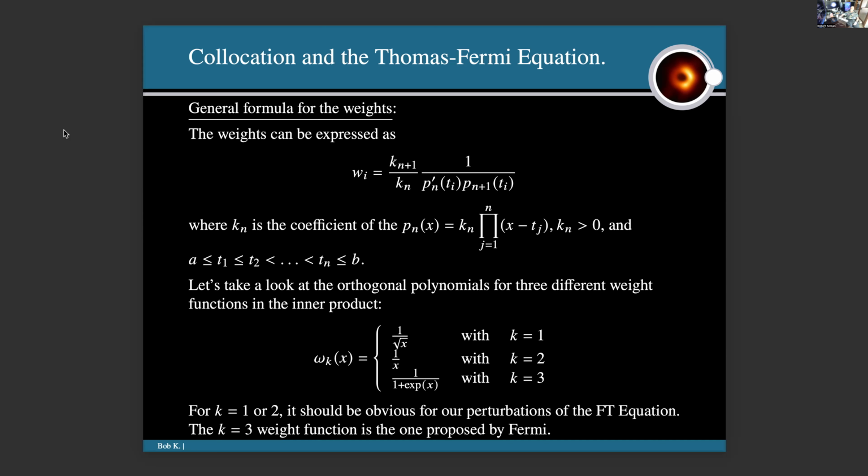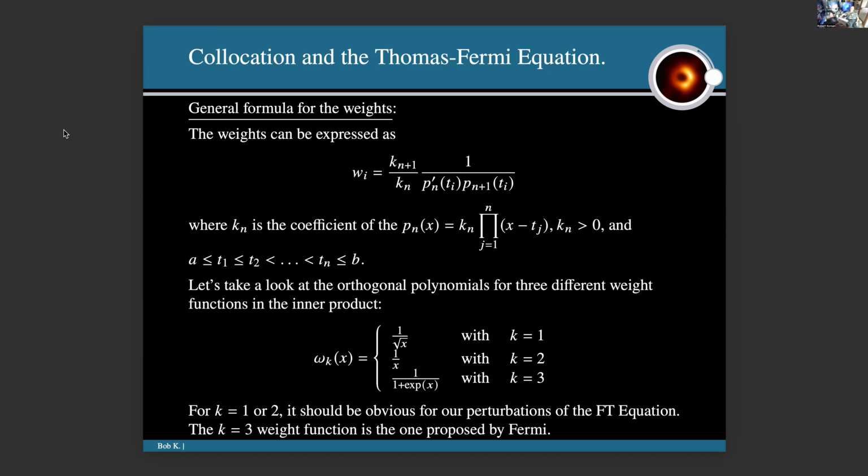The Gaussian stuff, we've talked about this before. In order to get the weights, you need both the n and the n plus 1 orthogonal polynomial. And if you know the roots, t sub i, of those polynomials, then you can write it in the form of the product of x minus each one, but there'll also be a coefficient in front of it.